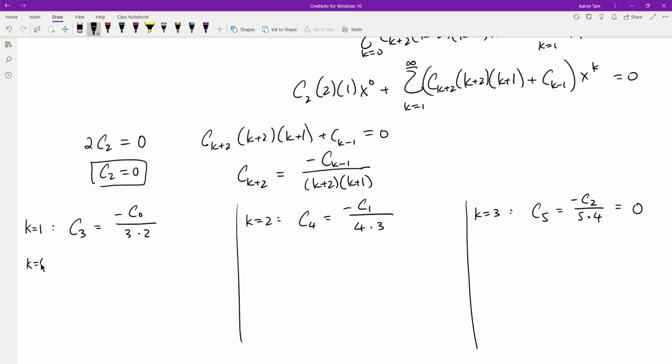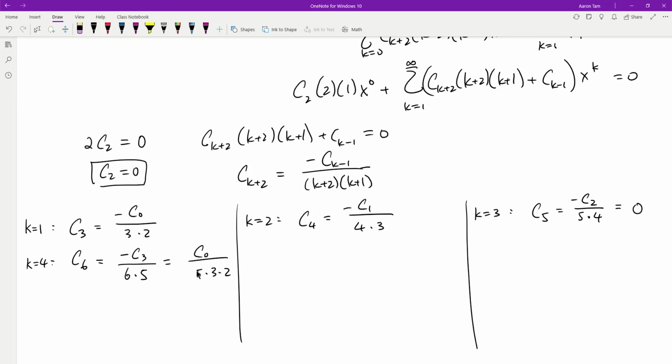What happens at k equal to 4? That would be c sub 6, equal to negative c sub 3 over 6 times 5. That equals c sub 0 over 6 times 5 times 3 times 2.